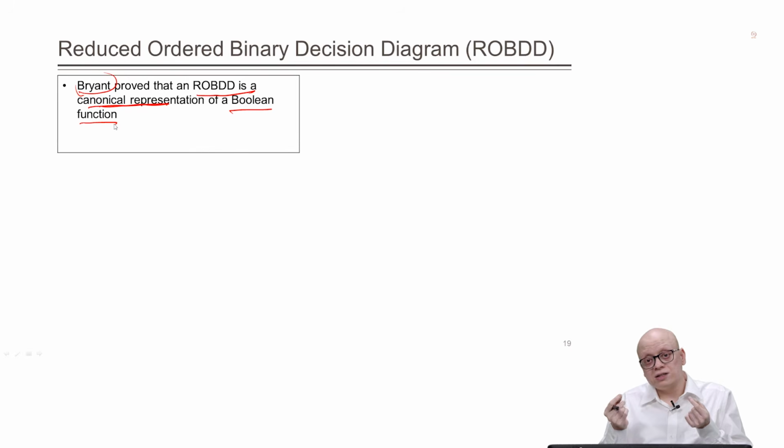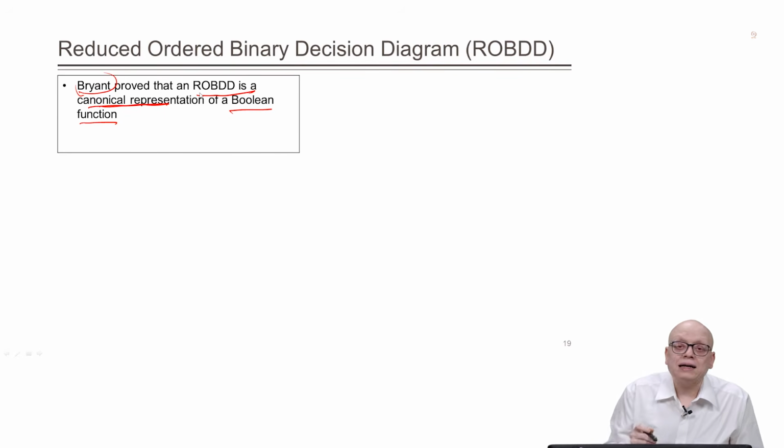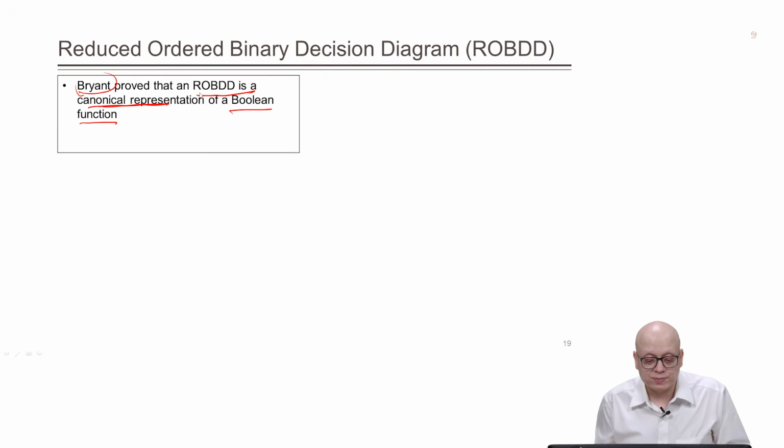There has to be only one representation for two equivalent functions. Similarly, if there are two functions and the representations are the same, then we can deduce that these two functions are equivalent. It has to be equivalent, right. So, Bryant proved mathematically that ROBDD is a canonical representation of a Boolean function.